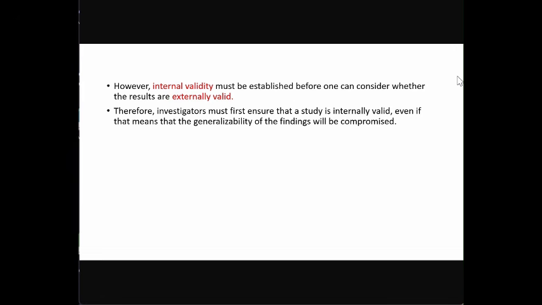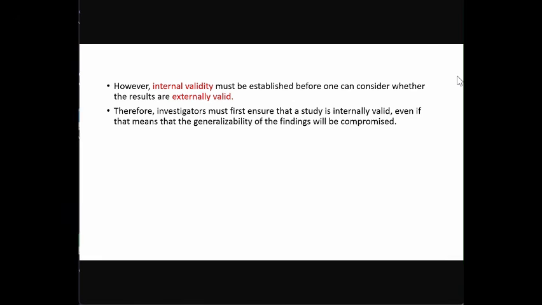However, internal validity must be established before one can consider whether the results are externally valid. Therefore, investigators must first ensure that a study is internally valid. Even if that means the generalizability of the study will be compromised, first and foremost, the most important thing is to make sure that the study has internal validity.